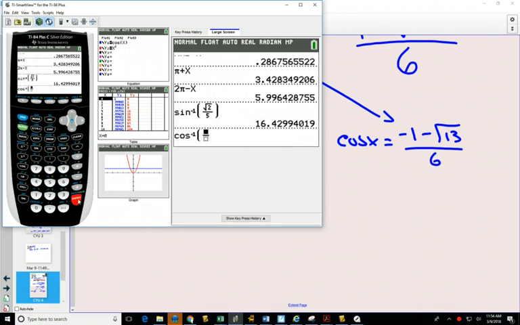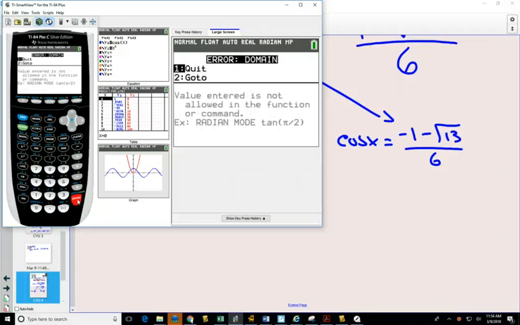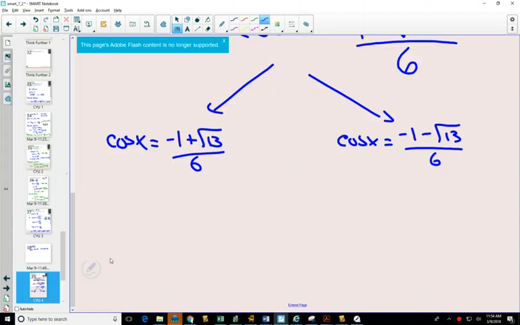And it was negative 1 plus the square root of 13 divided by 2. And, oh, I get an error. So I'm going to write error.